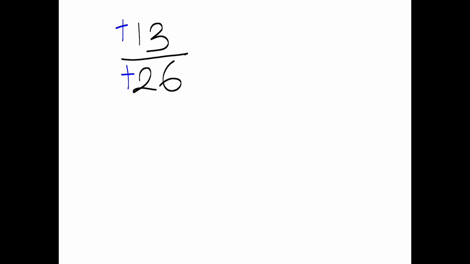Plus divided by plus gives us what? Good, plus. And then we can easily divide here and say 13 will go in 13 how many times? 1. 13 will go in 26 how many times? Twice. And our final answer is 1/2. Do you understand? Very good.